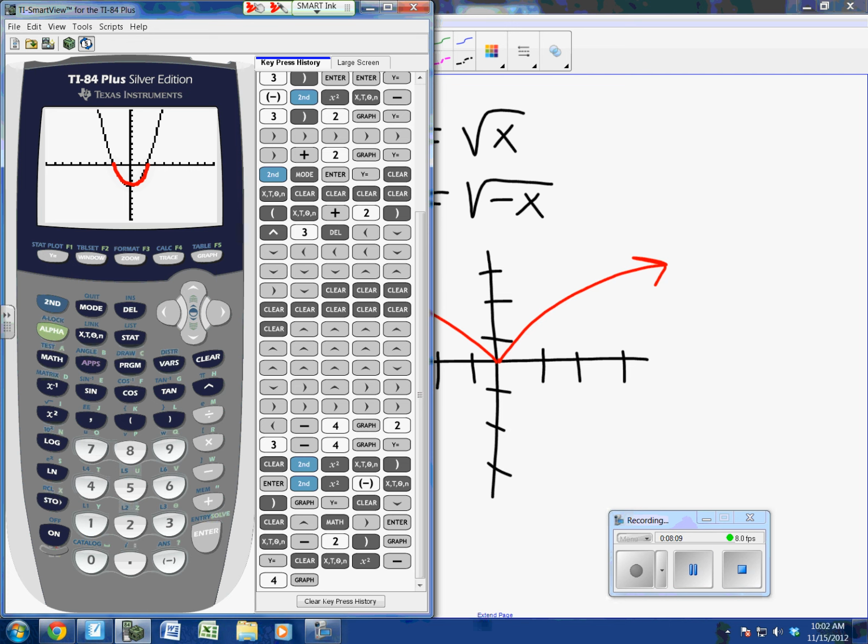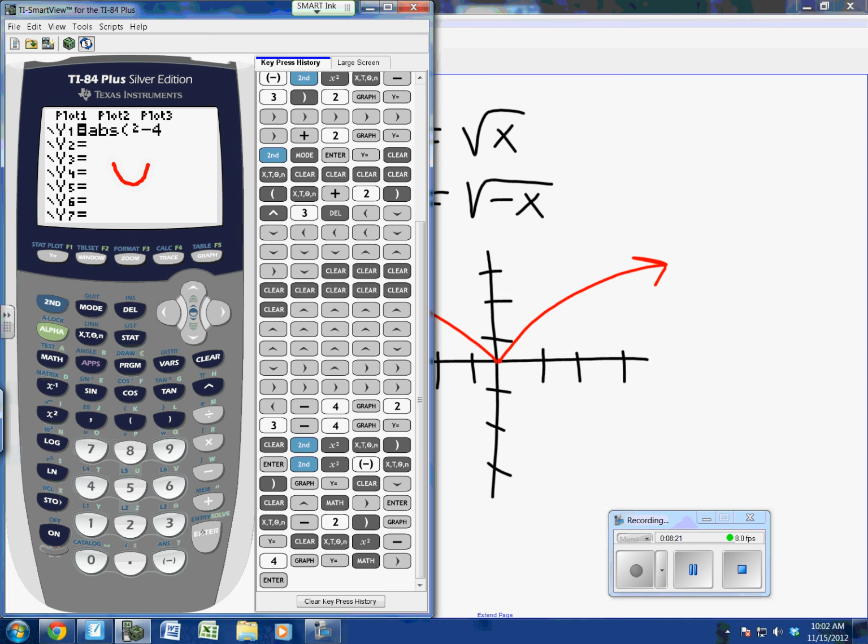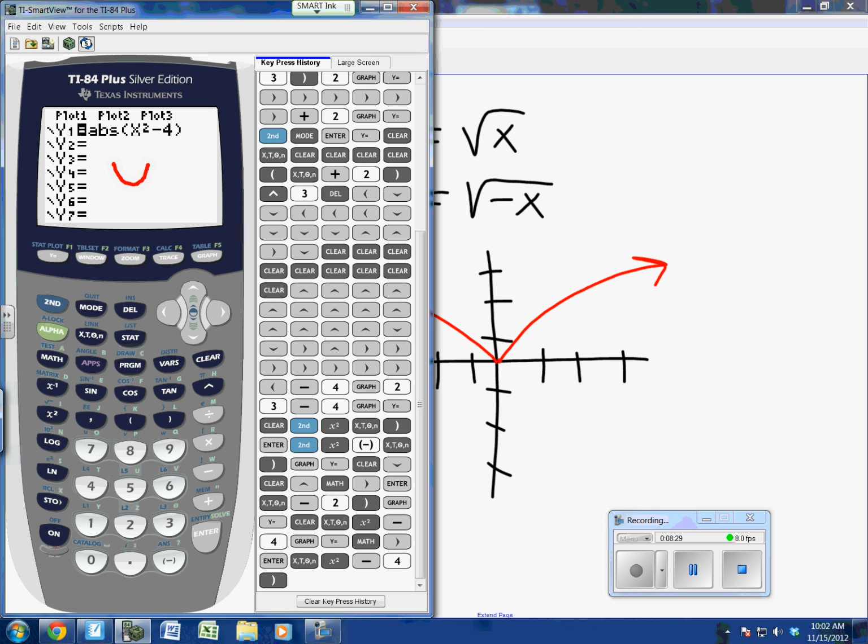Those are negative y values. So if we take the absolute value of those, okay, so if we go back in here, and up there, instead I go math, number, absolute value, x squared minus 4, and I take the absolute value of that function.